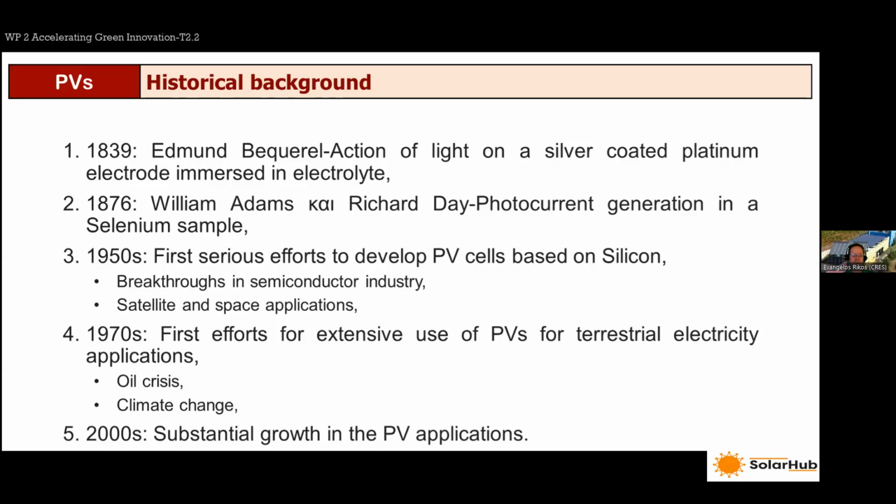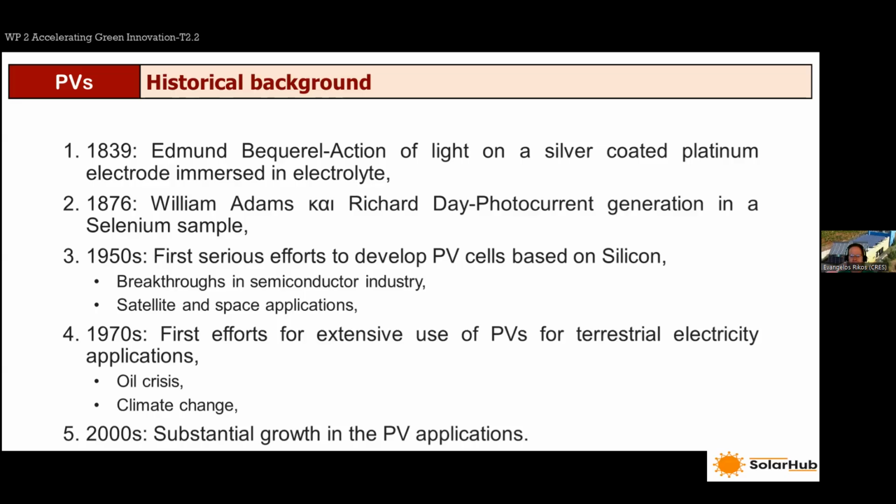Some studies were conducted in the late 19th century about photocurrent generation in selenium samples in order to produce some signaling for photography. That was the original scope. It was not about electricity generation at all. It was just a side effect that they noticed at the time.